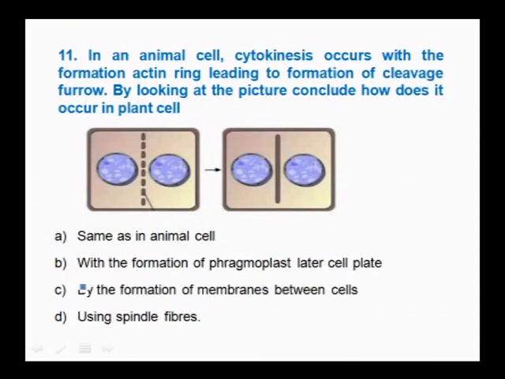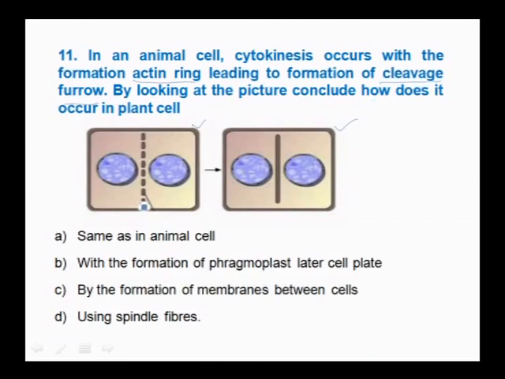Now the 11th question is regarding cytokinesis. In an animal cell, cytokinesis occurs with the formation of an actin ring leading to the formation of a cleavage furrow. So they have explained how cytokinesis occurs in an animal cell. Now, by looking at the two diagrams which indicate the plant cell, you have to conclude how it happens in a plant cell.